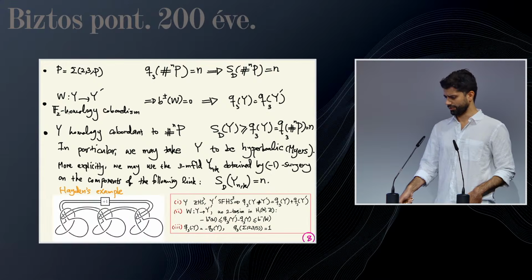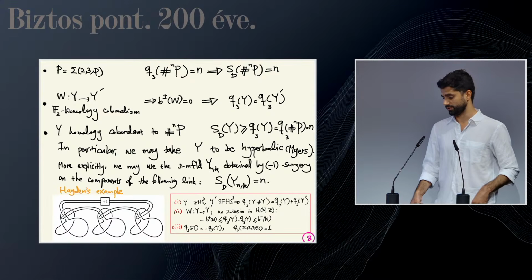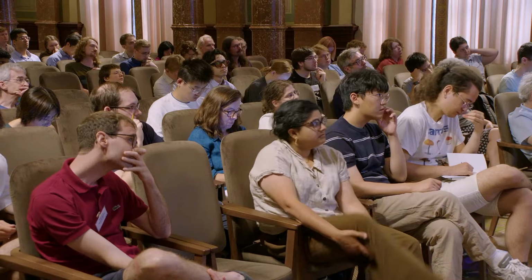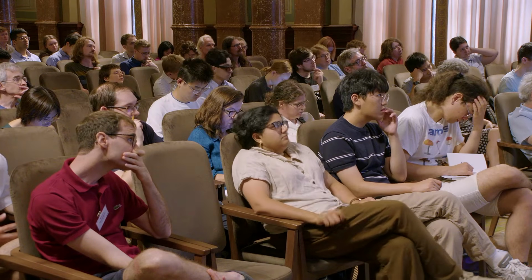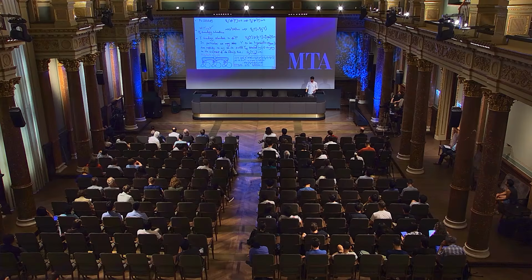So in general, if you have n left-handed trefoils like in the picture, and maybe you add some twists here, and do -1 surgery on this link, you would get a hyperbolic 3-manifold. And because this link here is concordant to the disjoint union of n trefoils, you can see that the resulting 3-manifold is homology cobordant to the connected sum of n Poincare homology spheres.